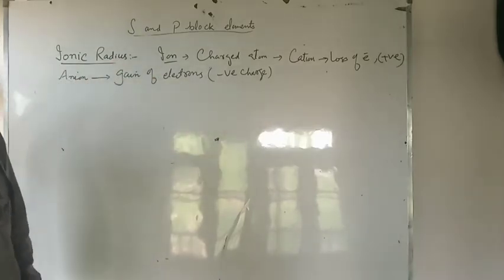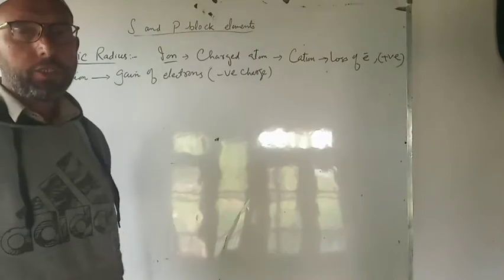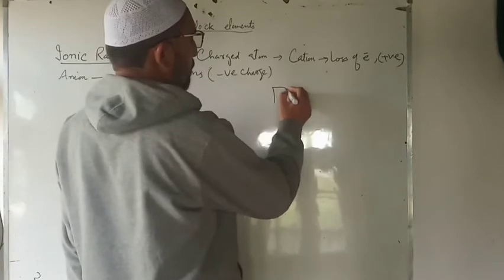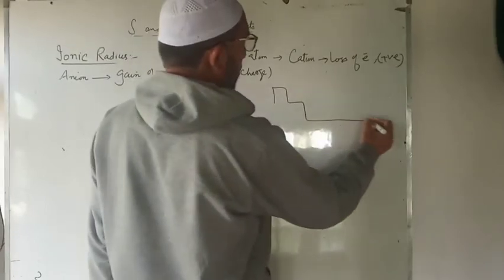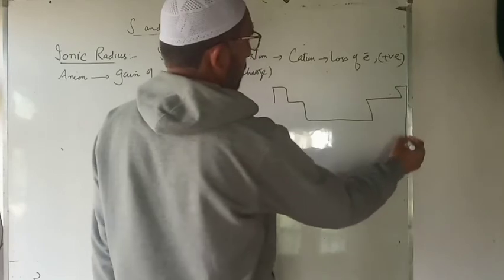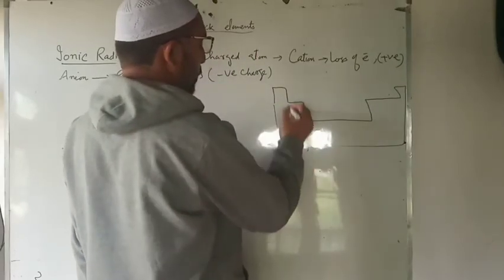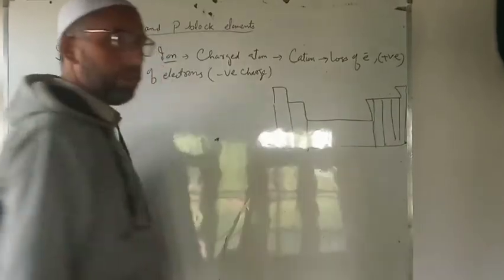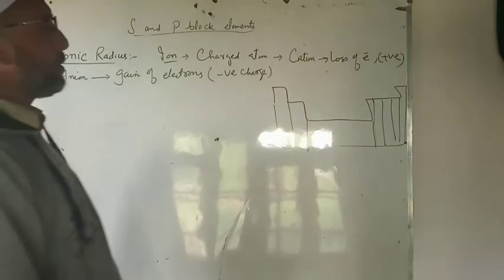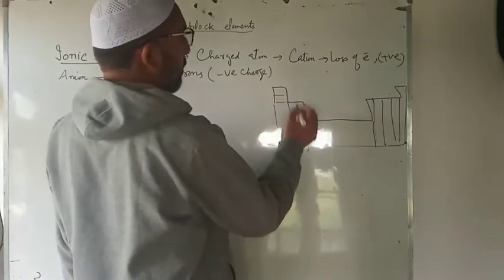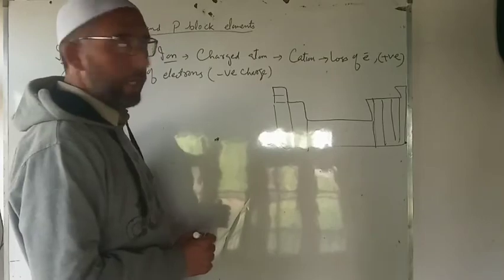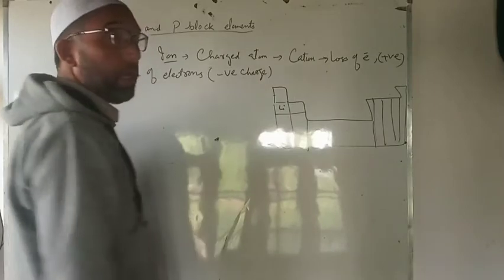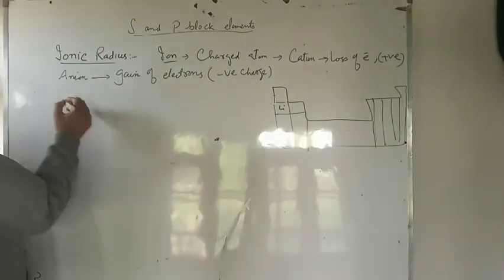Since we are studying s and p block elements, you remember the outer sketch of this periodic table in this way. This is the periodic table. These two groups are s block elements, and the groups on this side are p block elements. Generally, what we observe is that s block elements form positive ions.